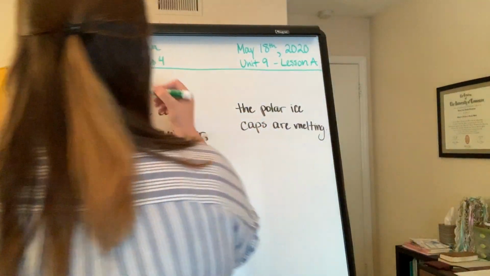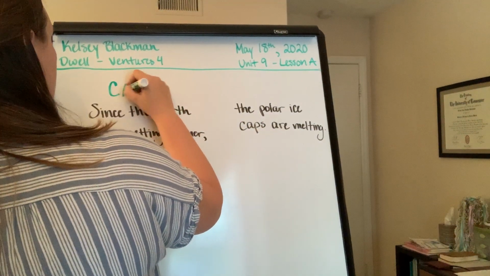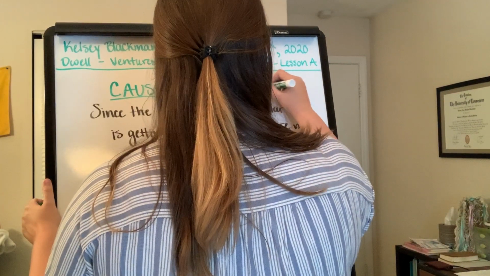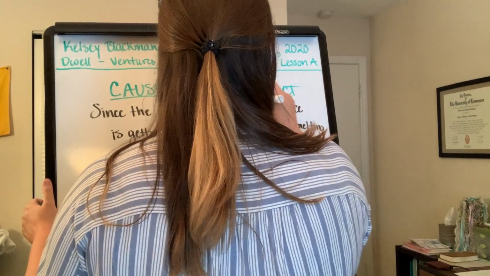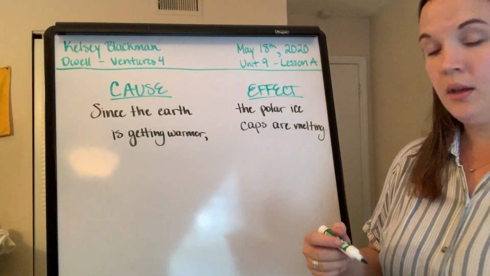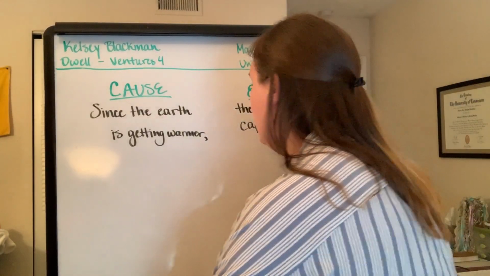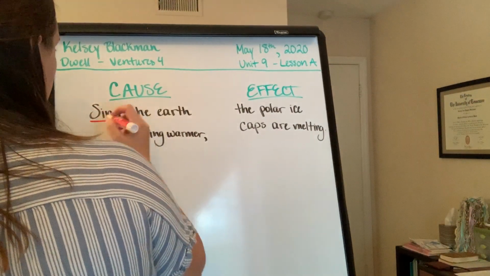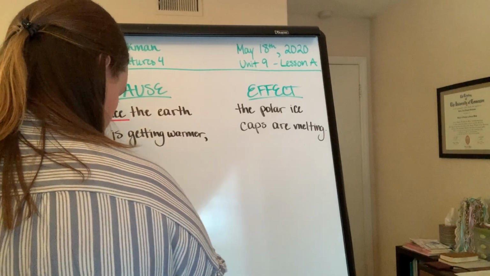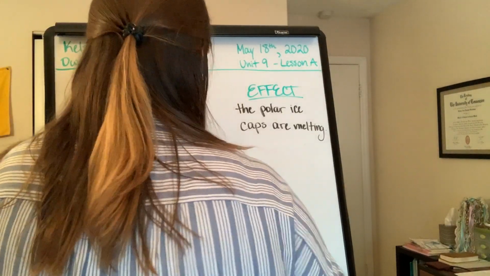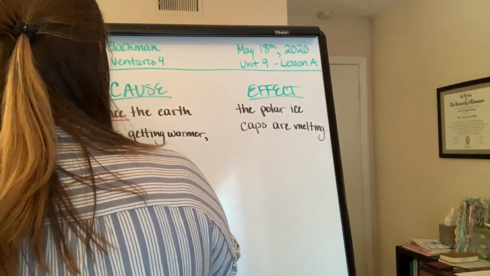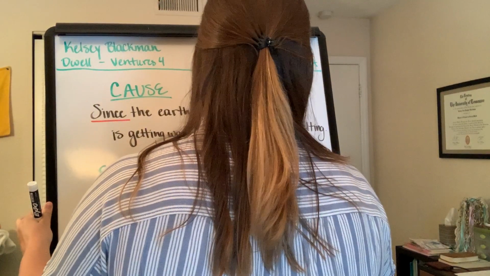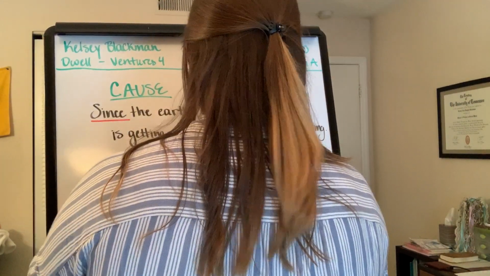So we've got our cause and our effect, right? Since the Earth is getting warmer, the polar ice caps are melting. We can also do this way.